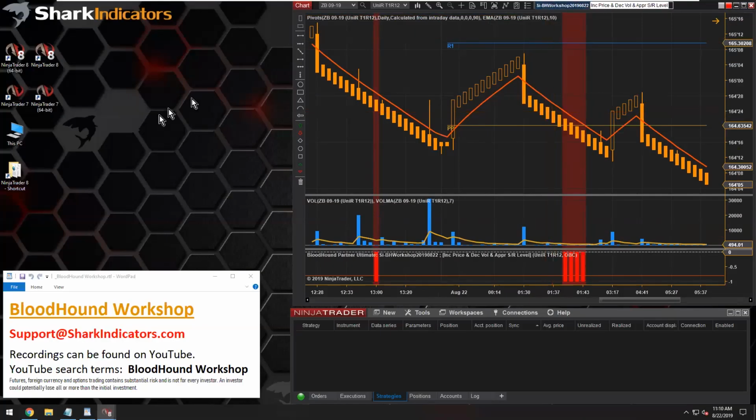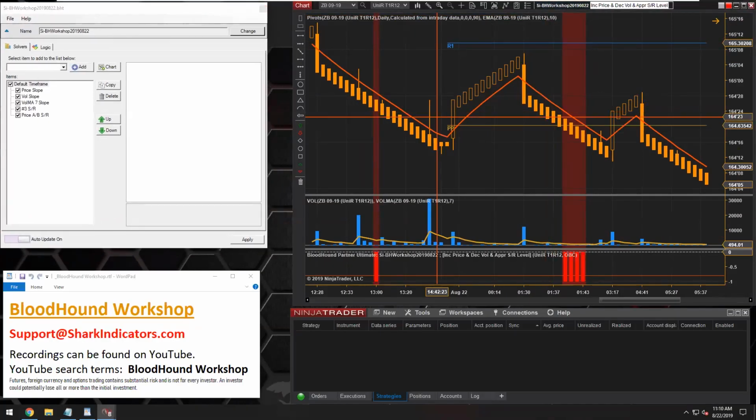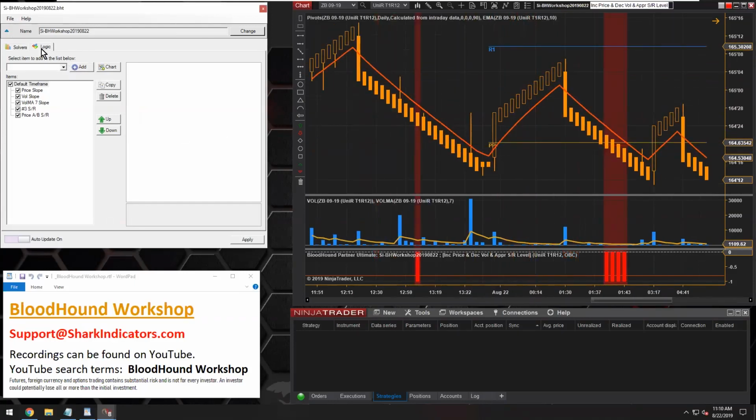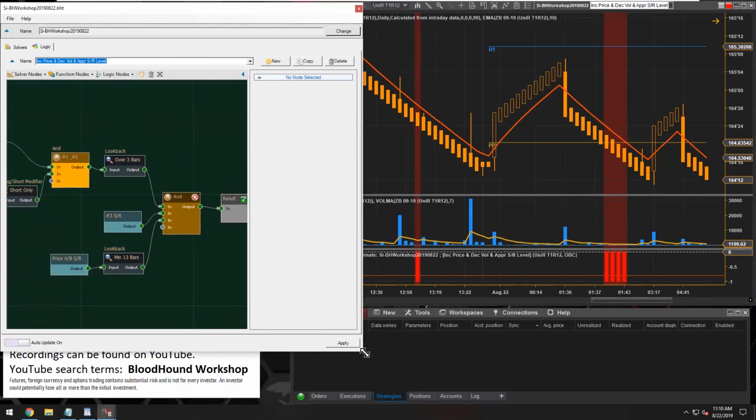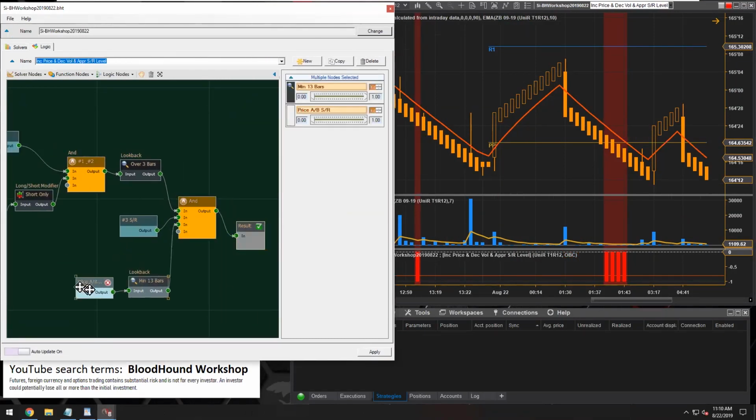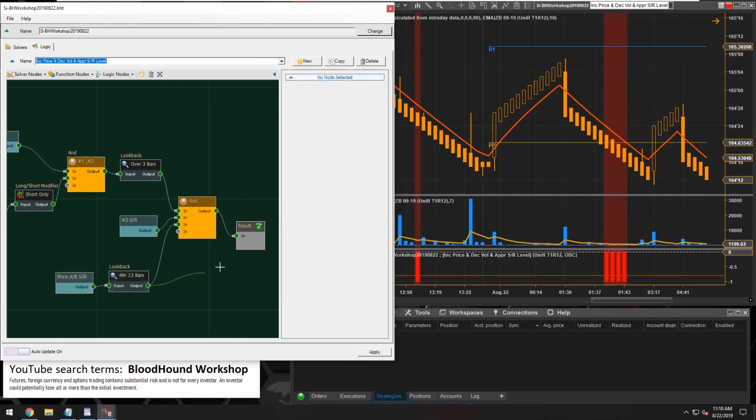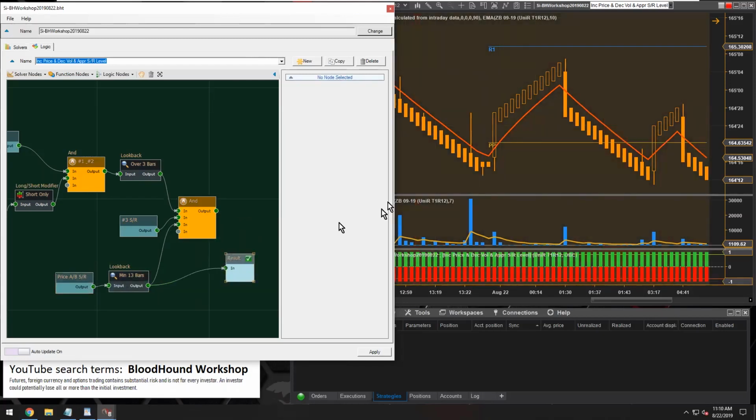All right, let's get BloodHound open here and take a look at why we have some short signals when price was right above the PP line here. And I was kind of wondering if this was going to happen. The last thing we did was build an extra support resistance solver to help us filter out whether price was above or below the pivot line for X number of bars.